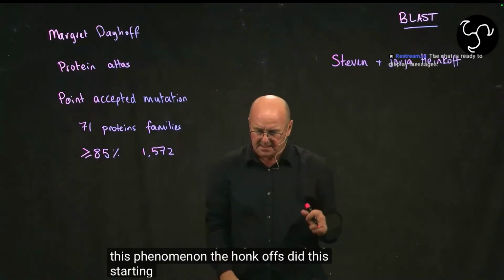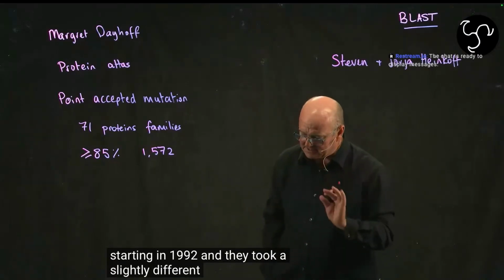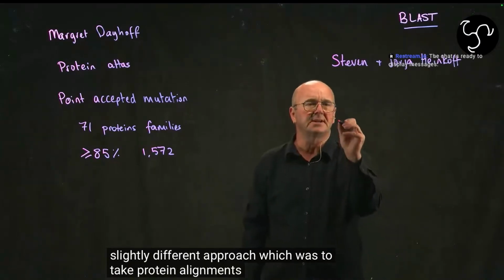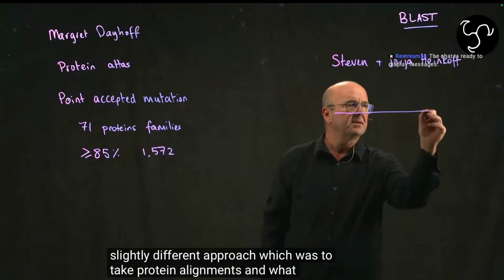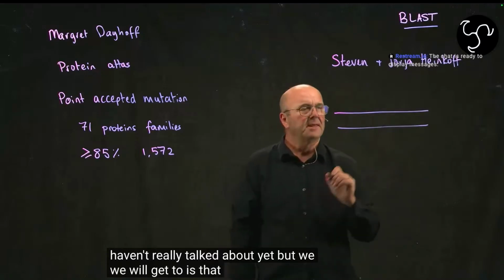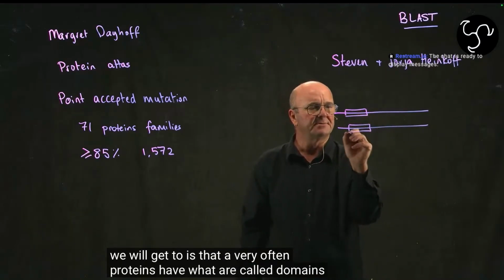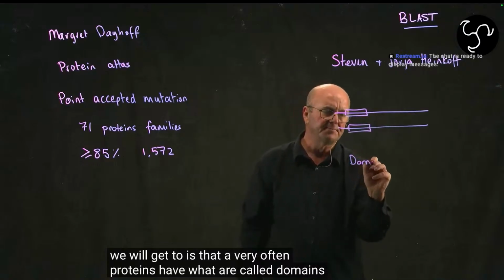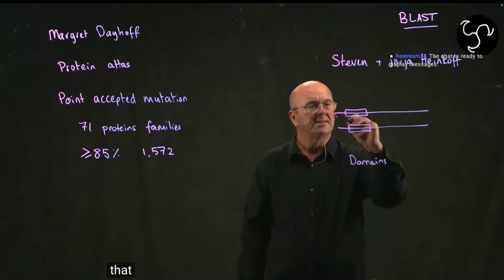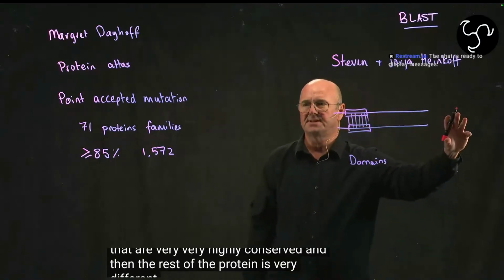The Henikoffs did this starting in 1992, and they took a slightly different approach, which was to take protein alignments, and what we haven't really talked about yet, but we will get to, is that very often proteins have what are called domains that are very, very highly conserved, and then the rest of the protein is very different.